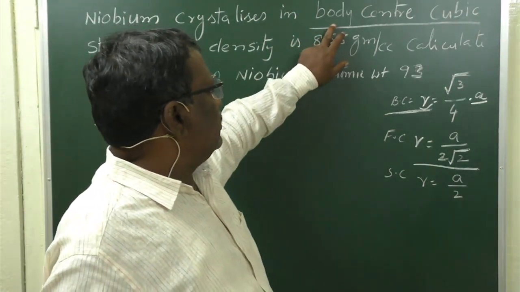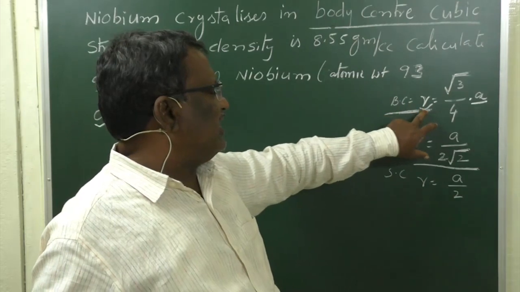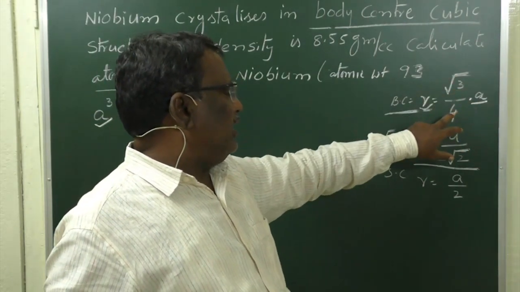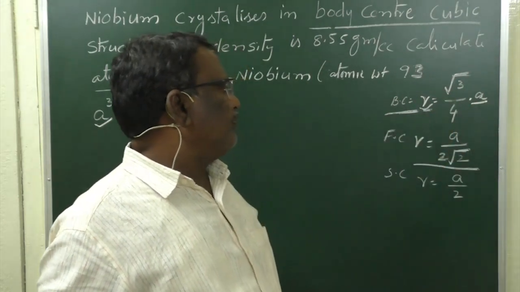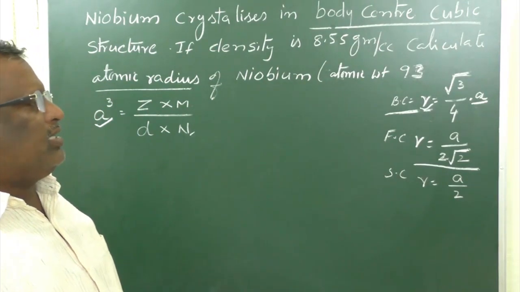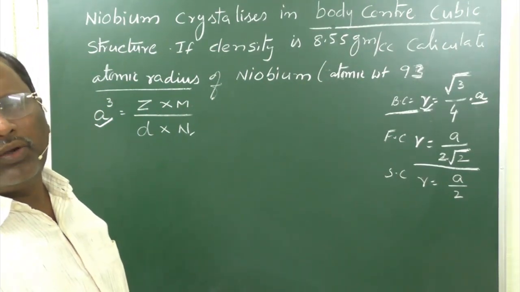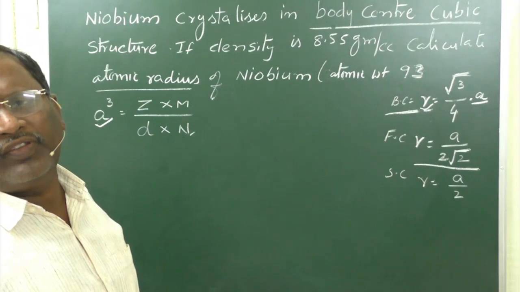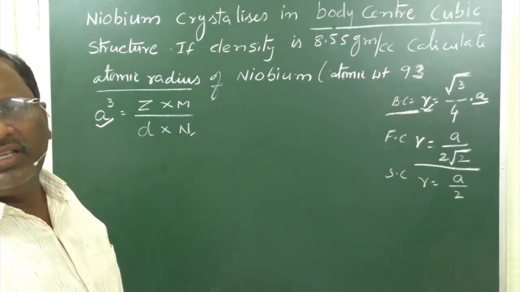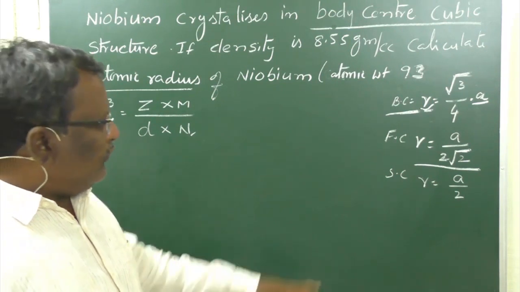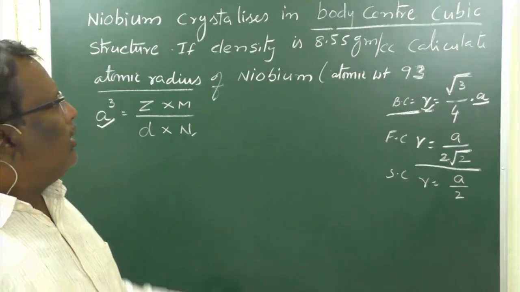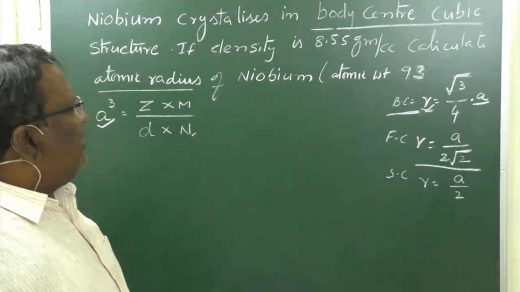For a body center cube, the relation between radius and side edge is R is equal to root 3 by 4 into A, or A is equal to 4R by root 3. So, if you know the A value, we can easily calculate radius, but in this problem they have not given that A value.